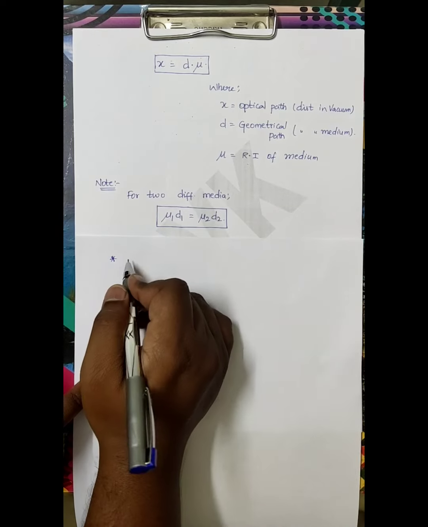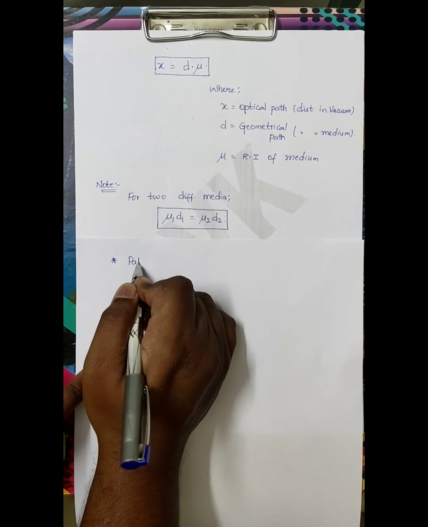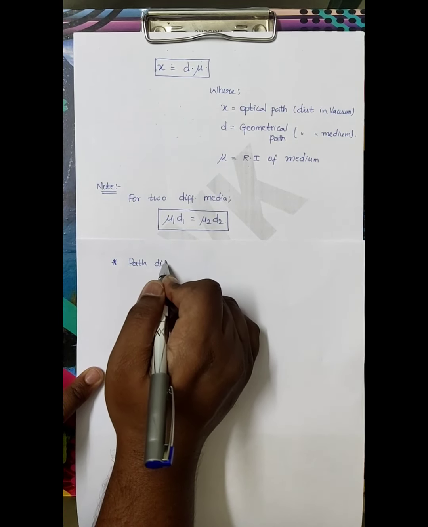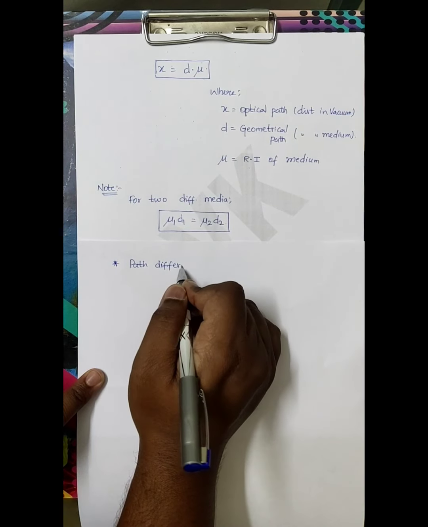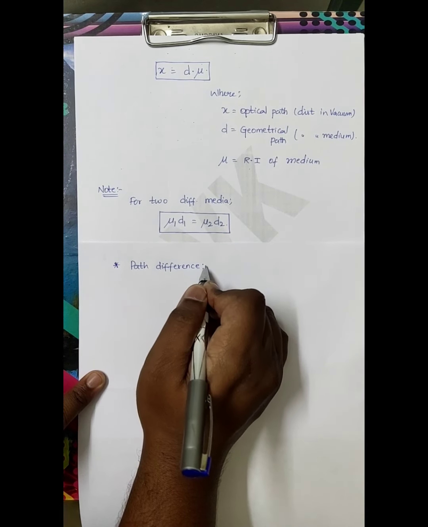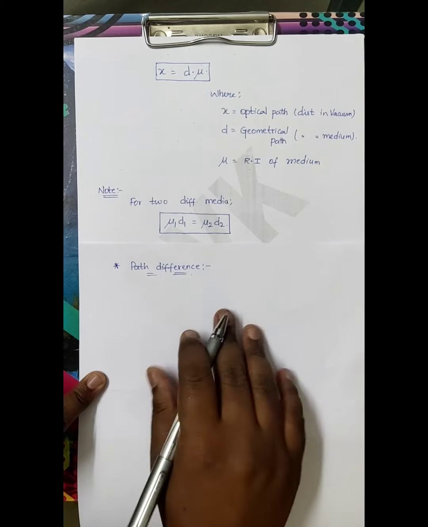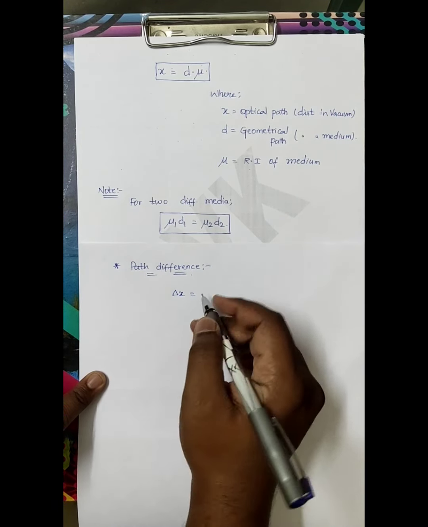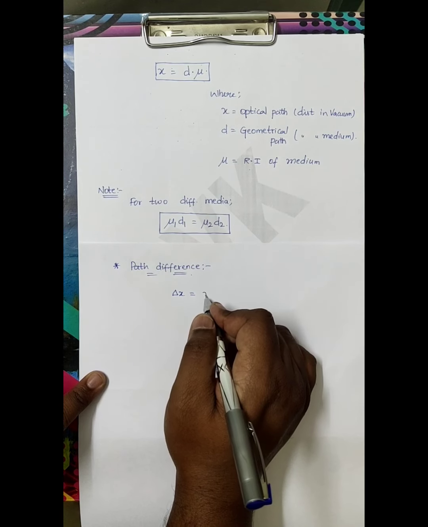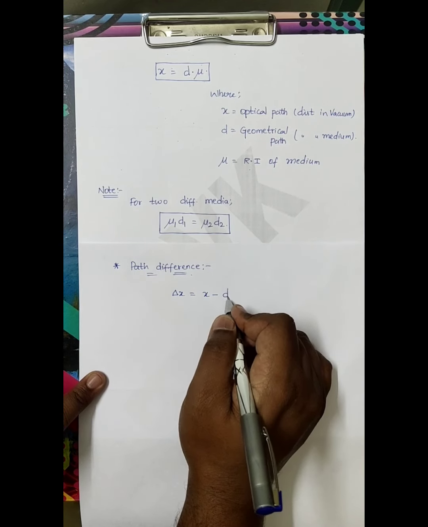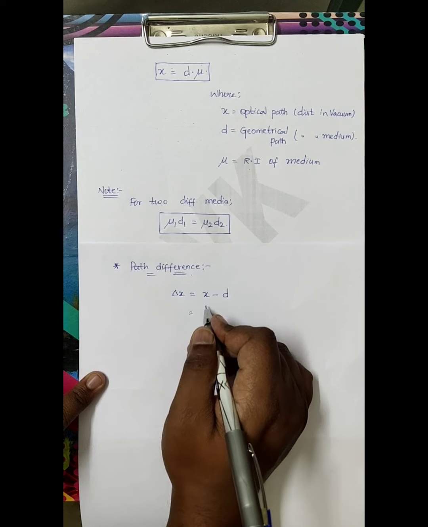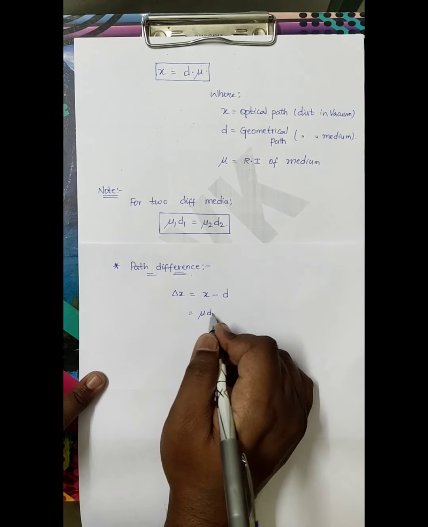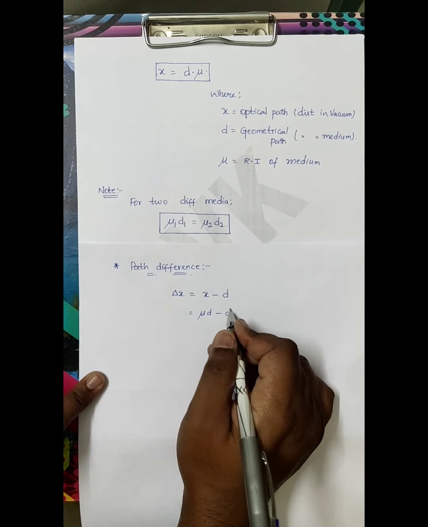And at the same time you can ask for the path difference. So what is a path difference? The difference between the optical path and geometrical path. So path difference is given by delta x is equal to optical path x minus geometrical path d. And what is the optical path? You have the formula mu into d, minus geometrical path d.